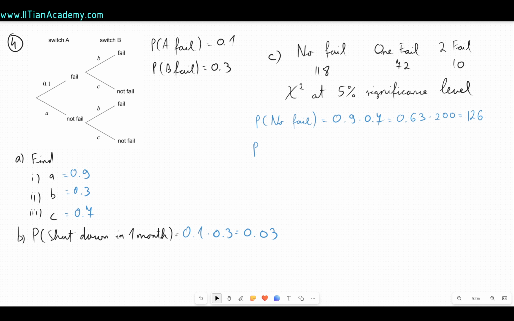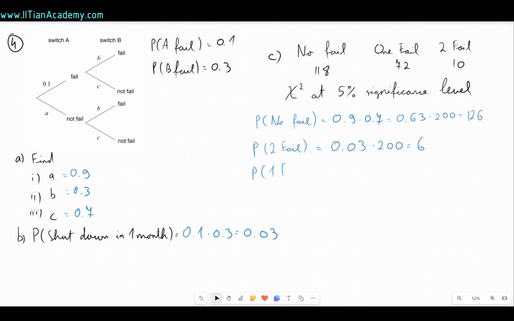And then we can find the probability of 2 failing. So this we have already calculated to be 0.03. And then again, we multiply this by 200 to see that we expect 6 occasions. And then we can calculate the probability of 1 failing.